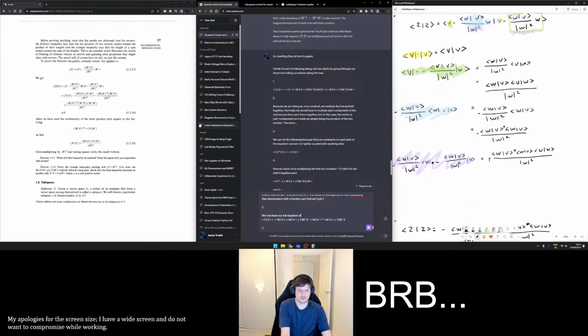We now have our full equation of z equals that minus that plus W V conjugate of W V, W W over the magnitude of W4. Yes.